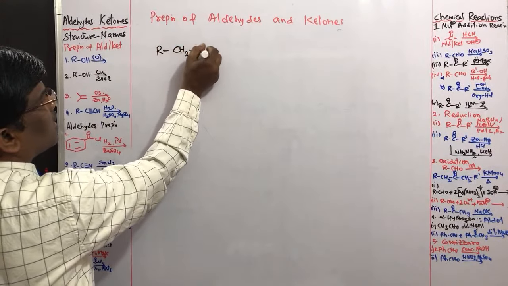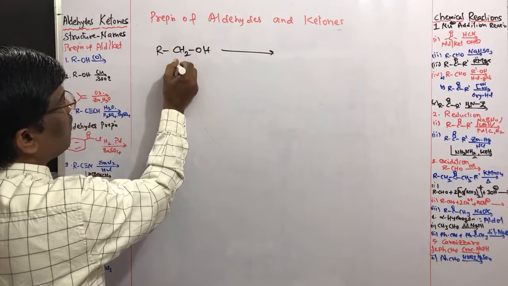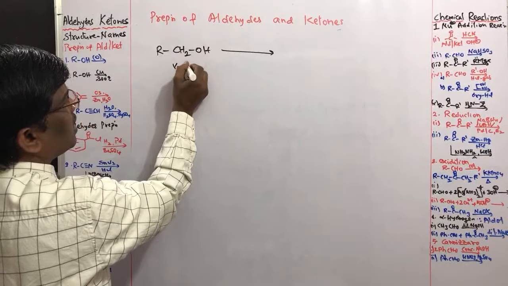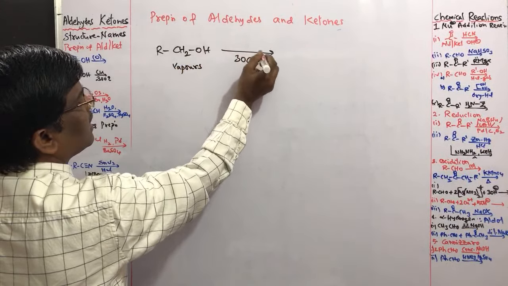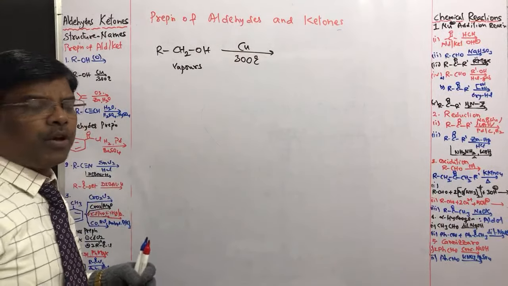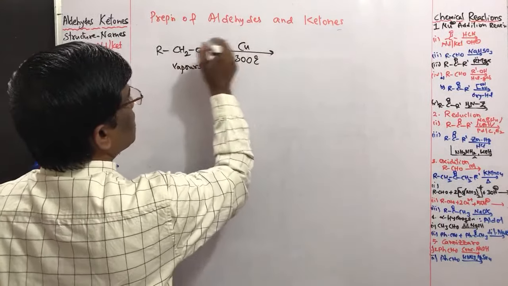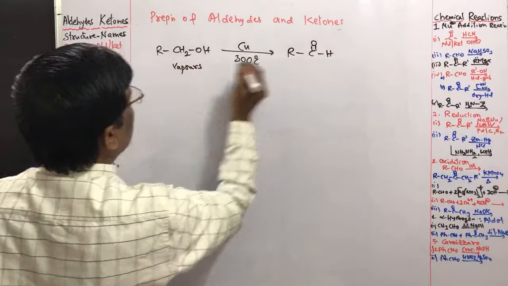When I pass primary alcohols, since it is high temperature, it is going to be in vapor state, at 300 degrees centigrade through a red hot copper tube, when I pass vapors of alcohol, I am going to get aldehydes from primary alcohols.